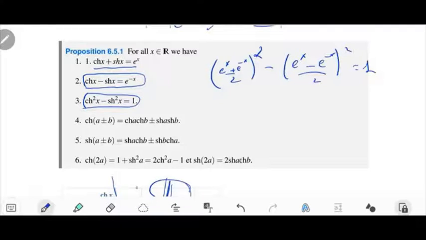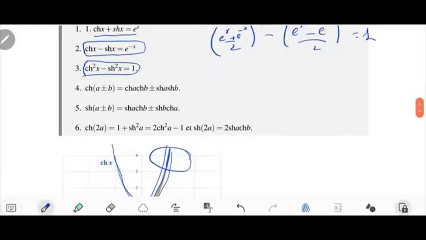And we can also prove, using also the exponentials, that ch(a plus b) is ch a ch b plus sh a sh b, and ch(a minus b) is equal to ch a ch b minus sh a sh b. In fact, it's very similar to the formulas we obtain with cosine and sine, but be careful, it's not always the same signs in here.